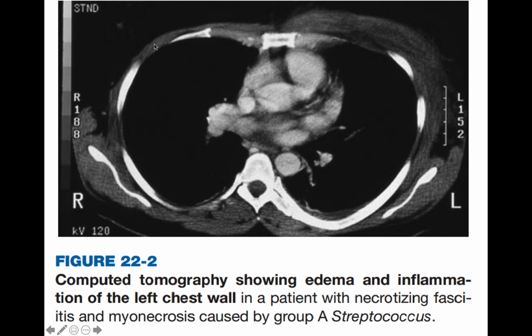You can see طلع على both sides. One side is swollen with deeper tissue here showing necrosis, and this is inflammation of the left chest wall, as we can see here, and patient with necrotizing fasciitis and myonecrosis caused by group A strep.